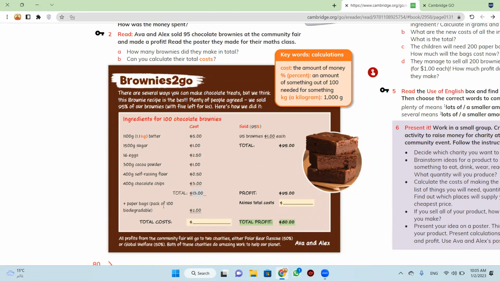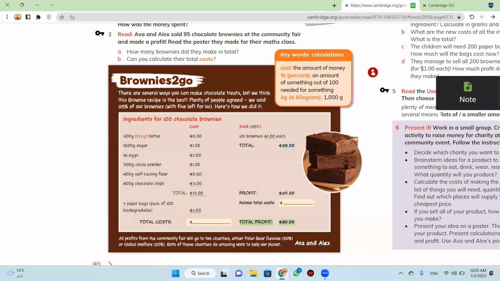Paper bags, pack of 100, $2, that's $15 in total, right? And they have sold 95%. So the total cost is $15. They have sold 95 brownies at $1 each.